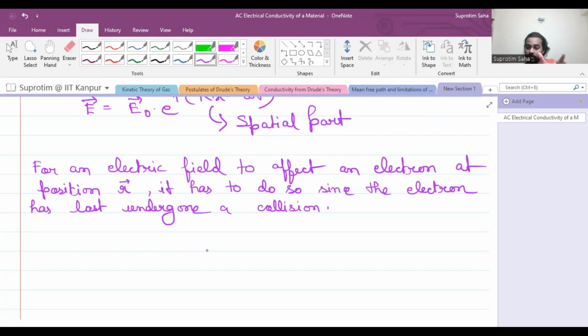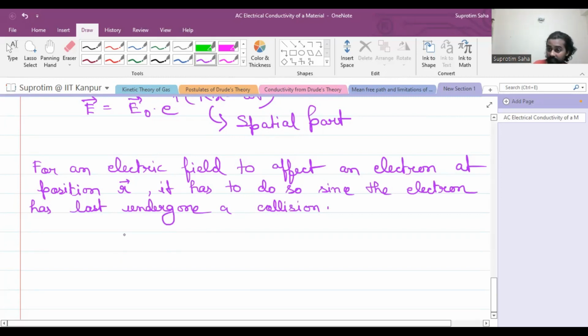It is at least 100 to 1000 times larger. So at most it can traverse a distance twice or thrice the lattice spacing.